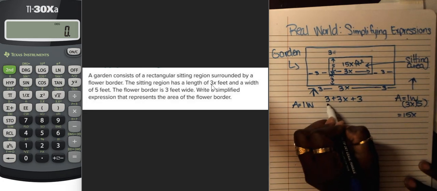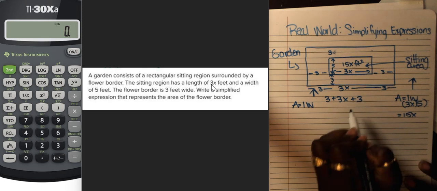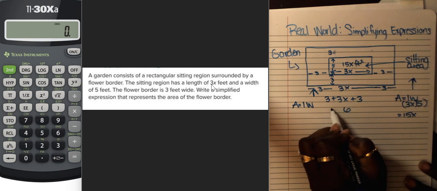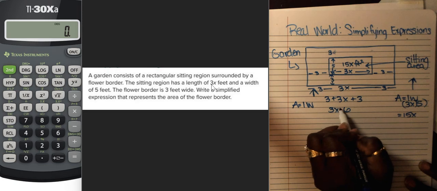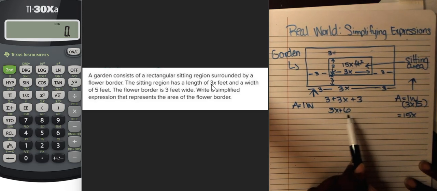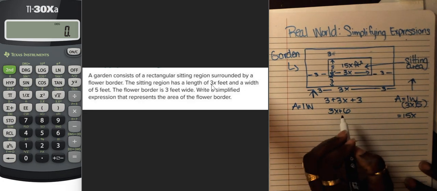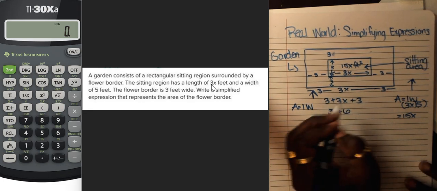That means that this is going to be 6. Remember, like terms. So 3 and 3, that would be 6. And then this is 3x. So 3x plus 6 is what we have here. Remember, I always put our variable before we put our constant. So that's why I just moved it around that way. So we have 3x plus 6 for our length.